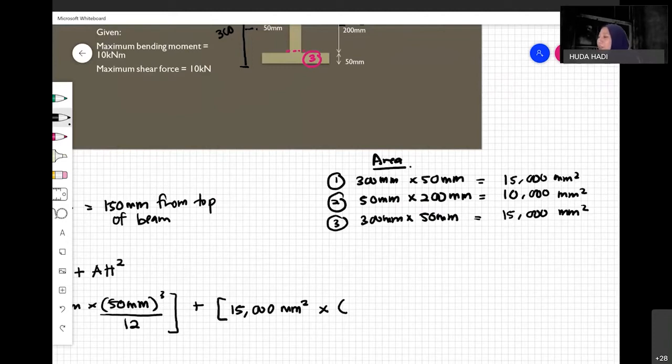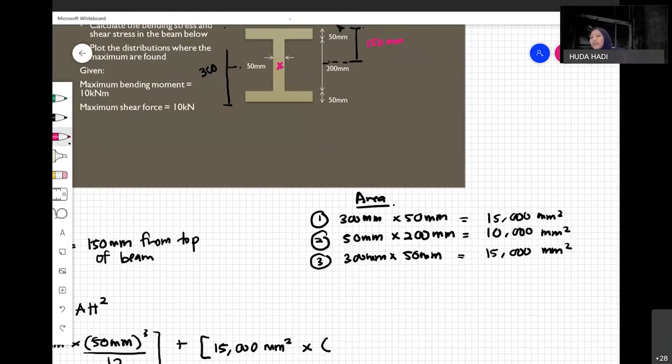This 150 mm is your centroid from the top. So I want the distance from the centroid of the first section at the top, this area 1, down to here. That is the value of H. 125. Yes, 125. Thank you all.